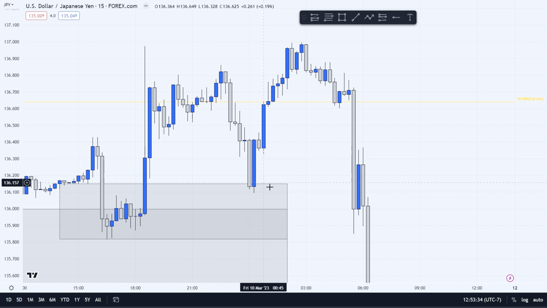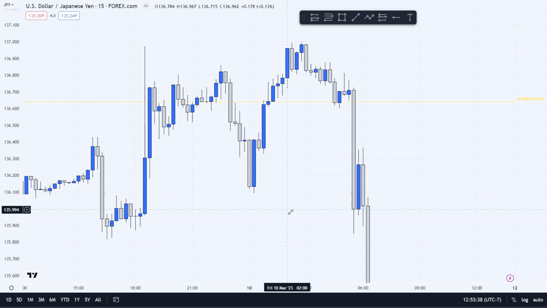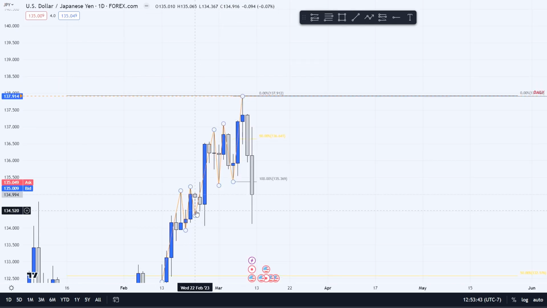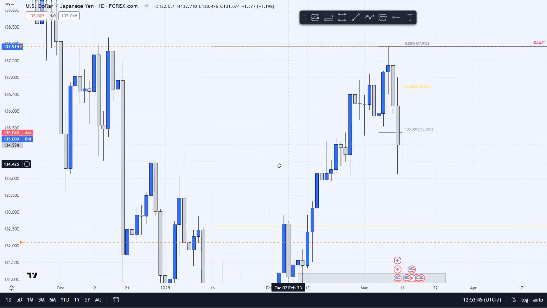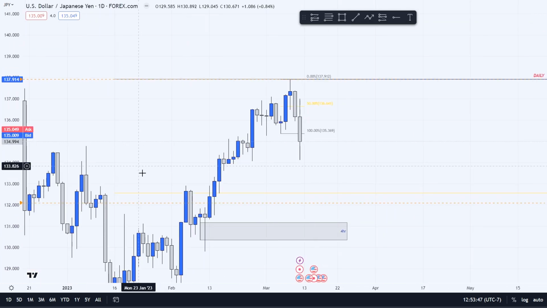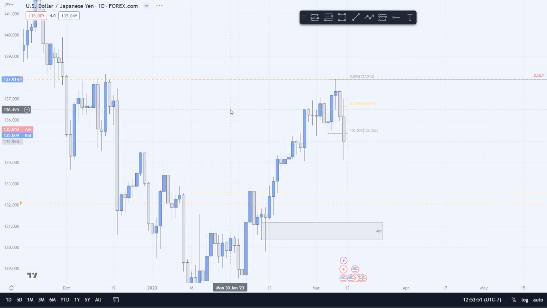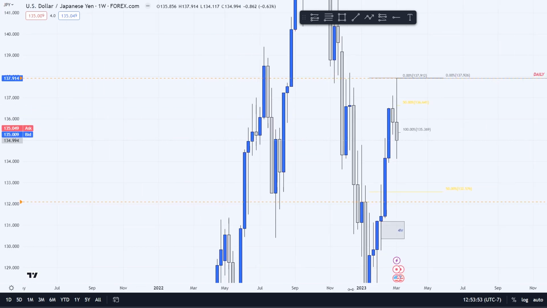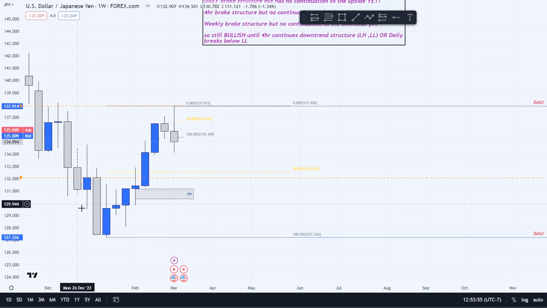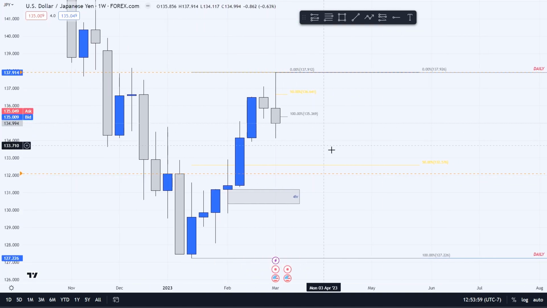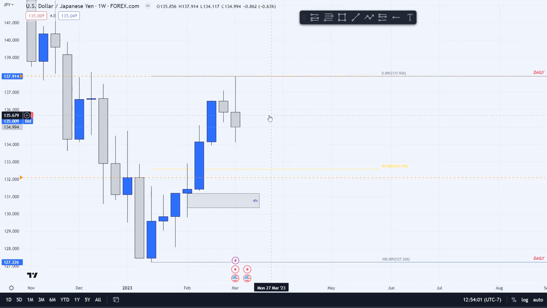So let me delete this and let me go to the daily. All right, so, okay, so let me, not the daily, the weekly. All right, so the 4 hour time frame is still bullish, but the daily time frame overall is bearish. And let me explain.